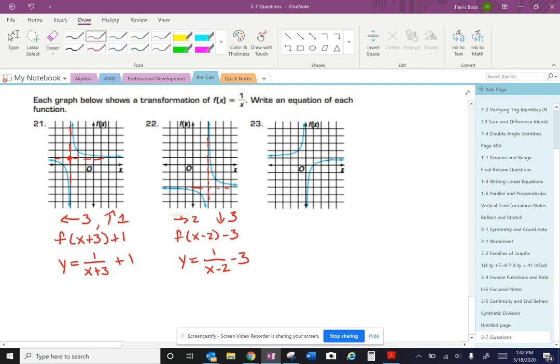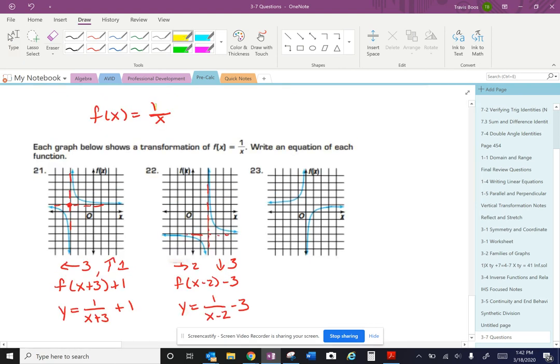Now, in this one, notice that the direction of this graph has been flipped, and actually this is odd. So you can think of this as a flip across the x-axis or a flip across the y-axis, either one.